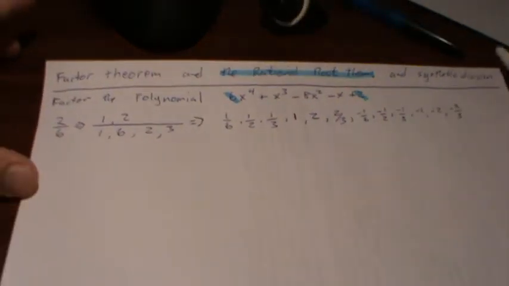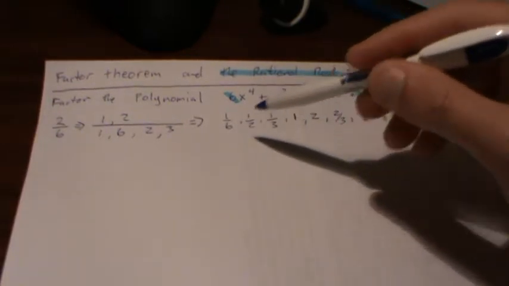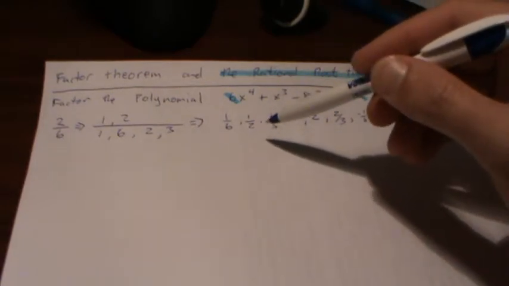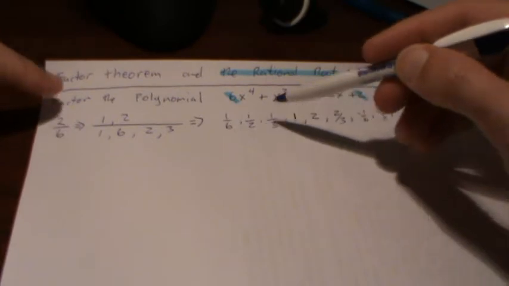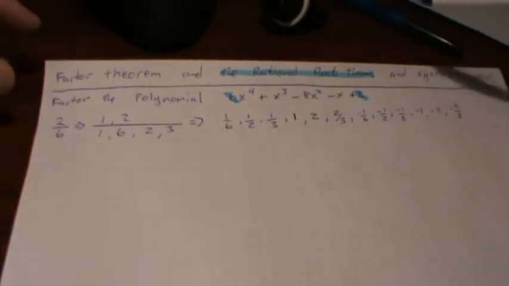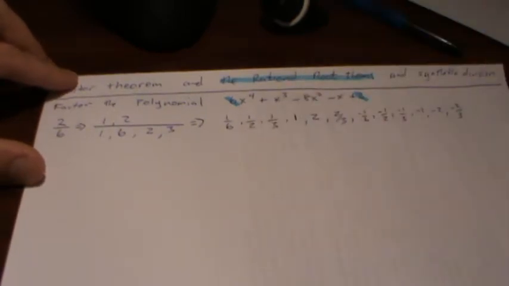Now we're going to use the factor theorem. Factor theorem says that some particular value is a factor if I can evaluate the polynomial at the number and I get a 0. So let me try. I'll just start with 1/6 here.